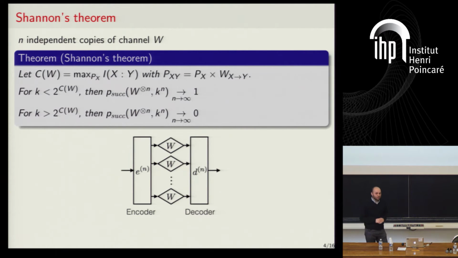What Shannon's theorem is saying is that if you try to send a number of messages that is smaller than a number called the capacity, then the success probability goes to 1. But if you go above this threshold, the success probability goes to 0. Technically the second part is a strong converse. It's not Shannon that showed it, but okay, this is Shannon's theorem.